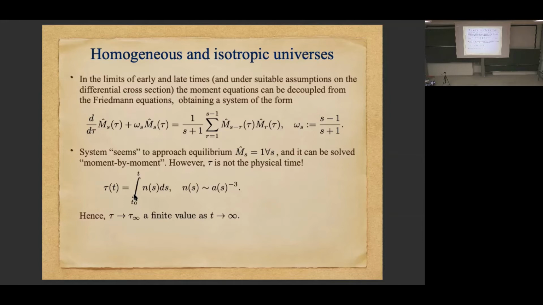But there's an interesting twist to it, because this time tau here is not the physical time, but it's related to the physical time t by an integral of this form. This integral is over the particle density, and the particle density goes like 1 over the scale factor to the 3. So if the scale factor goes like square root of t, then typically this integral converges when t goes to infinity.